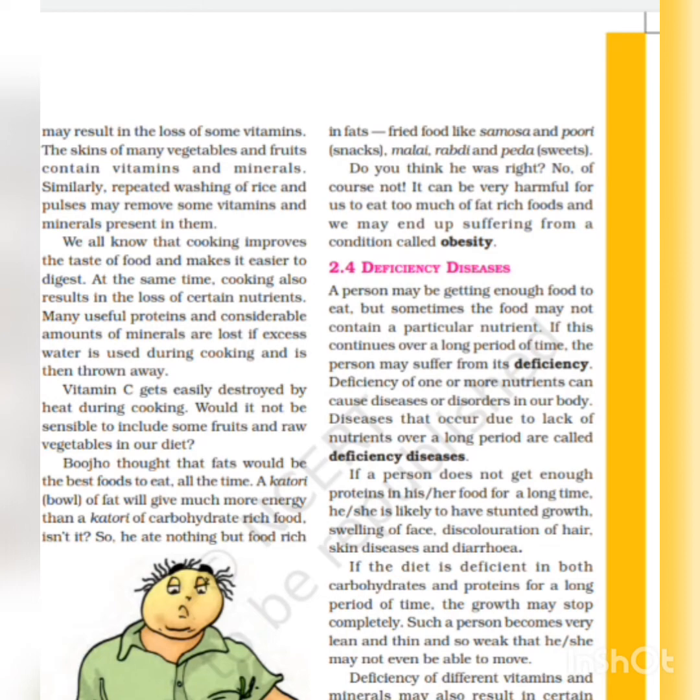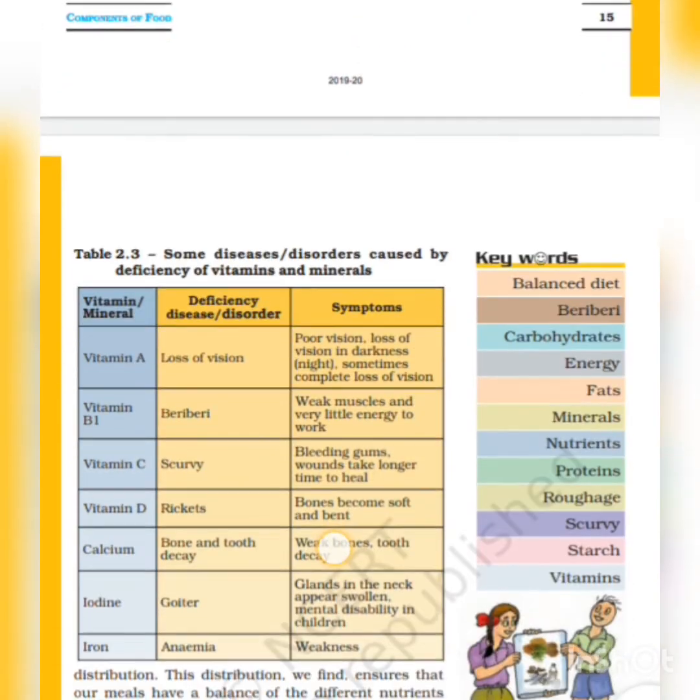And what does vitamin A do for our body? It helps keep our eyes and skin healthy. Now, can you understand what a deficiency disease is? See here, it has been given that there are many vitamins: vitamin A, vitamin B1, vitamin C, D, calcium, iodine, iron.